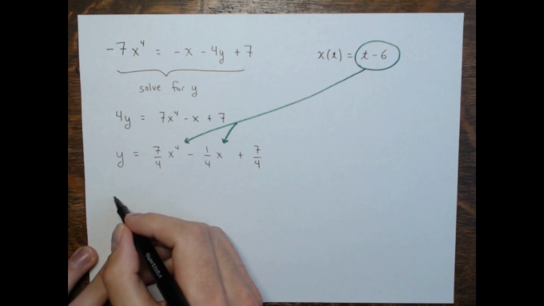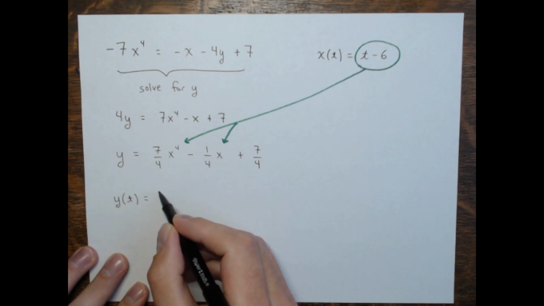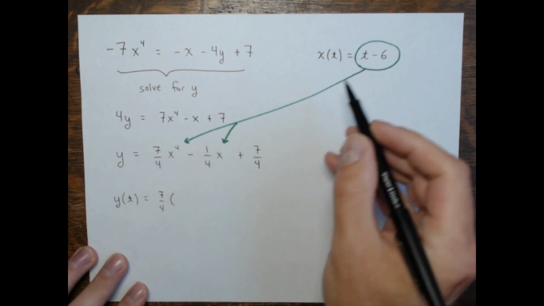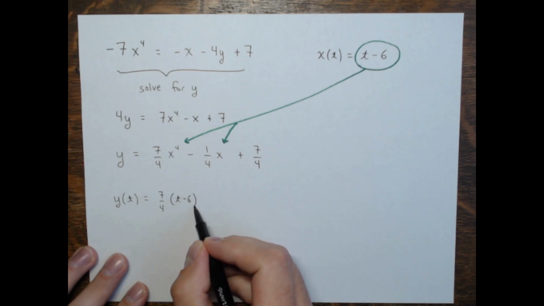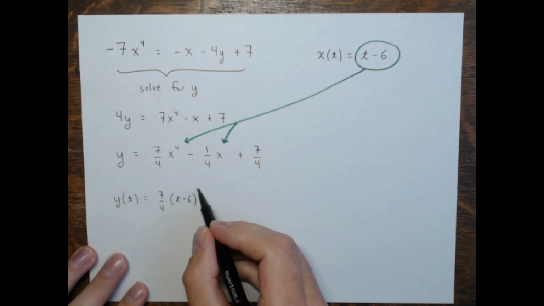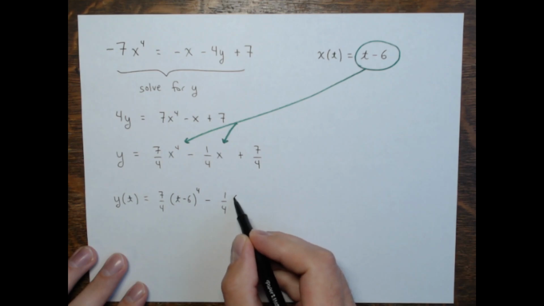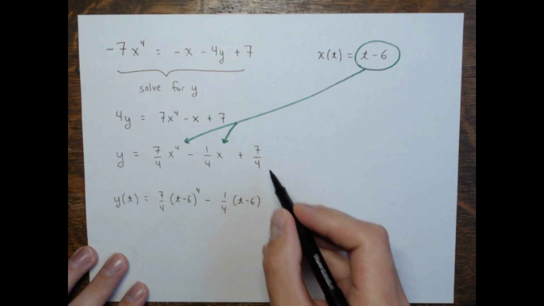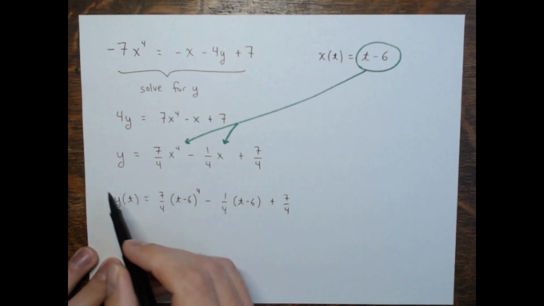So after substituting, we have y of t equals 7/4 times, and then replacing x with t minus 6, the quantity t minus 6 to the fourth power, minus 1/4 times, again, x being replaced by the quantity t minus 6, plus 7/4, and here we go.